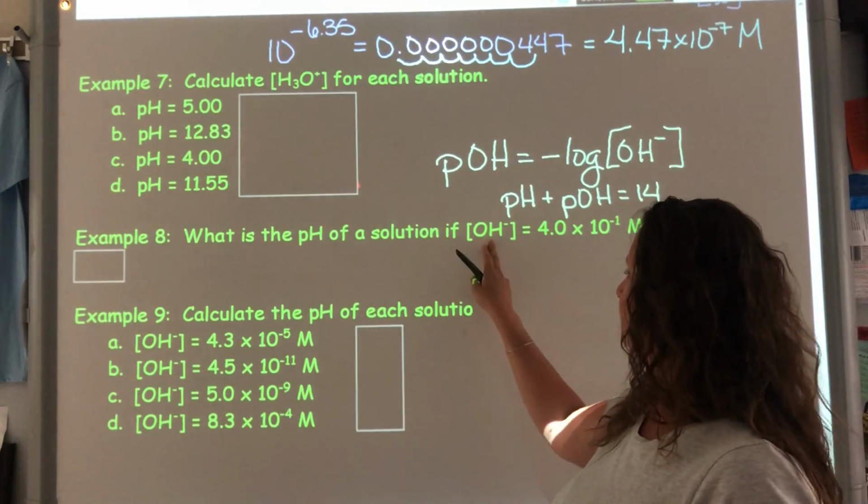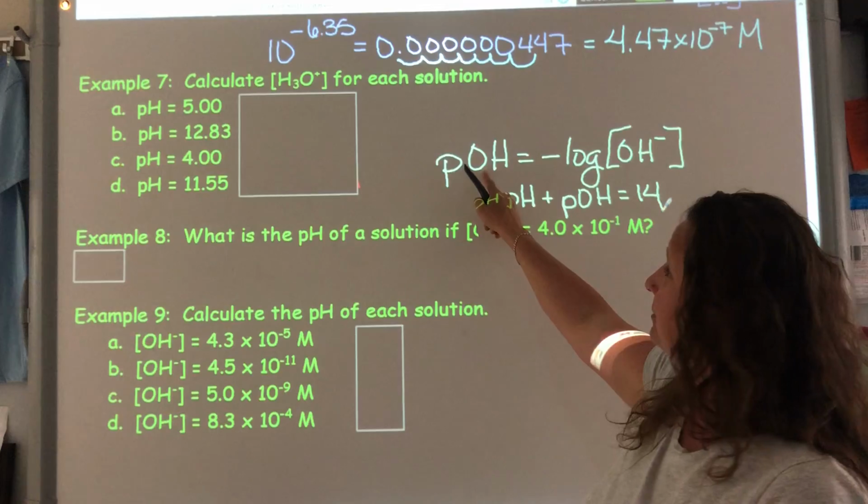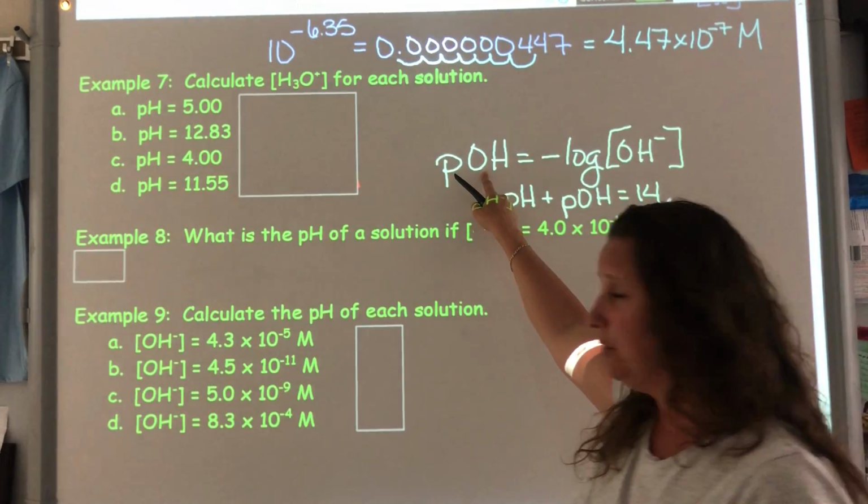What is the pH of a solution when I'm given the hydroxide ion concentration? So first I'm going to put it into my pOH equation.